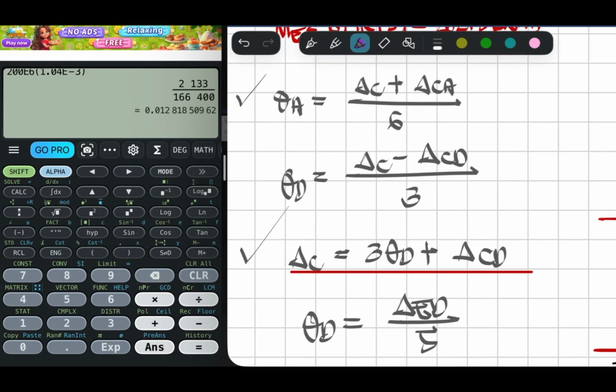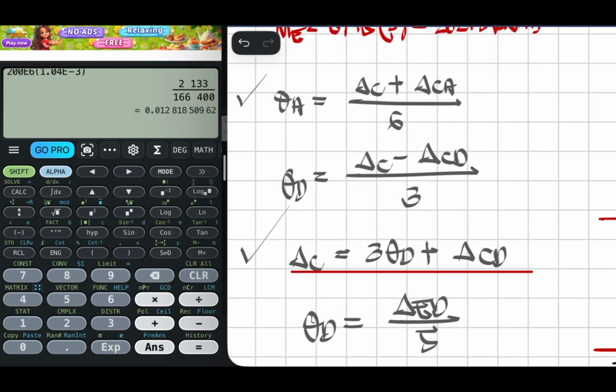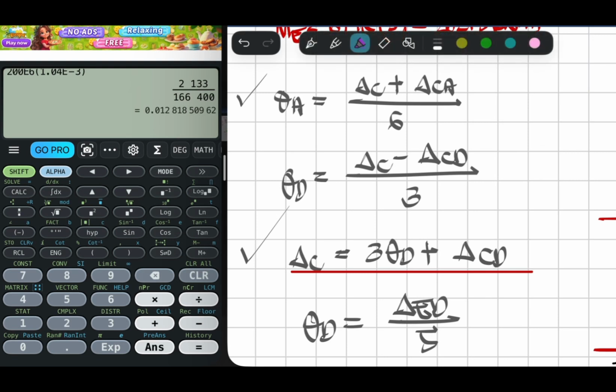The last one to solve is theta A. Theta A is delta C plus delta CA over 6.